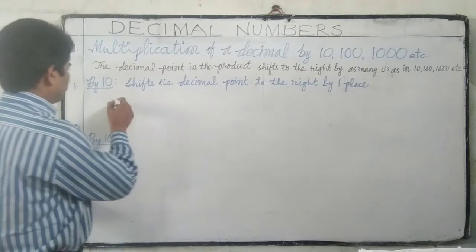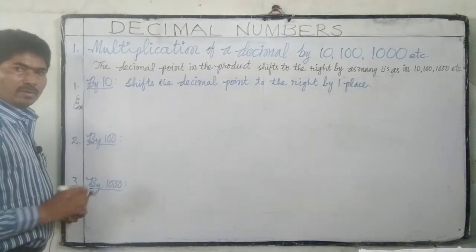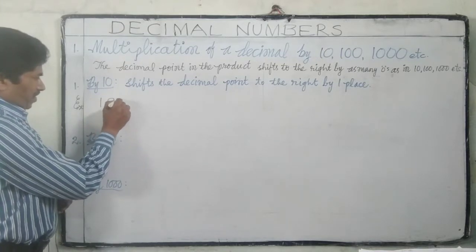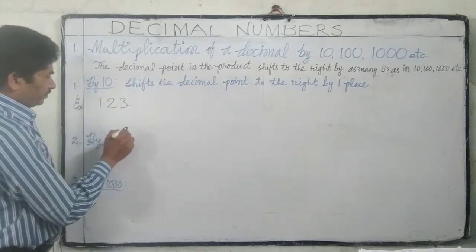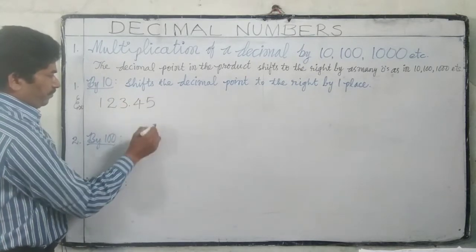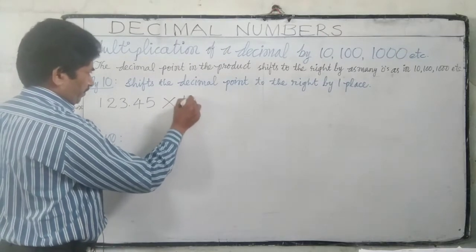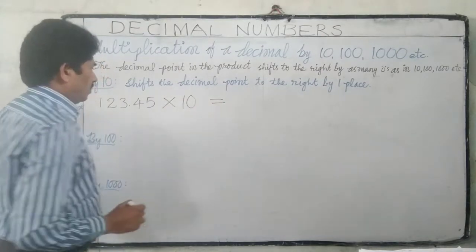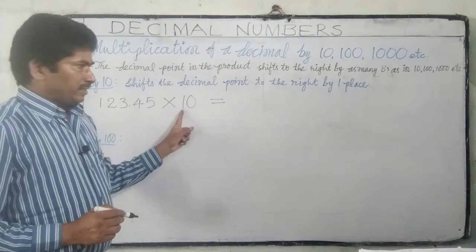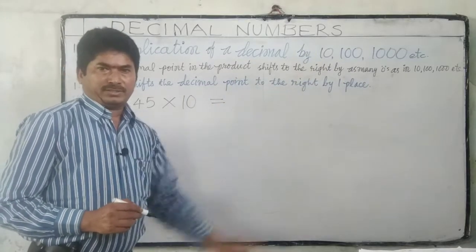Example, 123.45 into 10. To multiply by 10 shifts the decimal point to the right by 1 place.